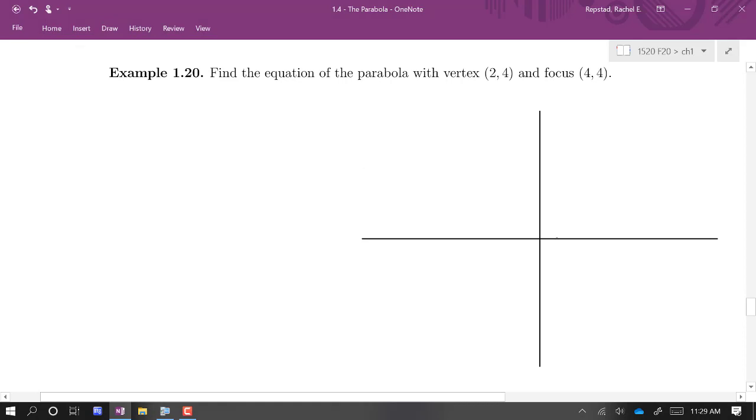So the vertex is (2, 4). And the focus is (4, 4).